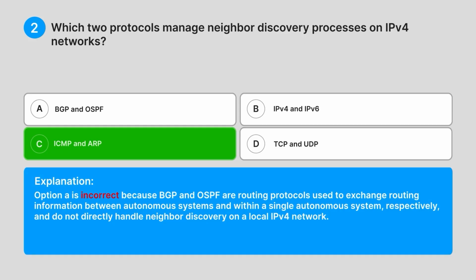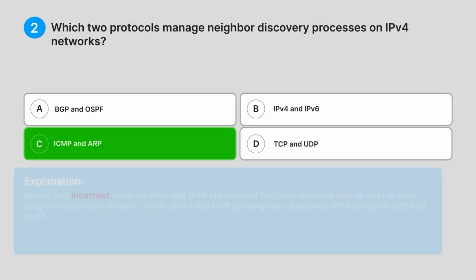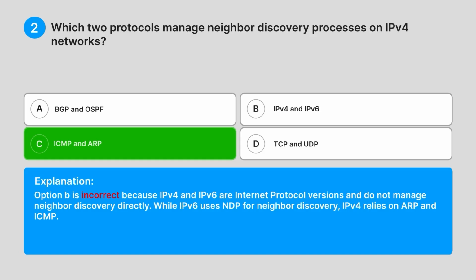Option A is incorrect because BGP and OSPF are routing protocols used to exchange routing information between autonomous systems and within a single autonomous system respectively, and do not directly handle neighbor discovery on a local IPv4 network. Option B is incorrect because IPv4 and IPv6 are Internet Protocol versions and do not manage neighbor discovery directly.